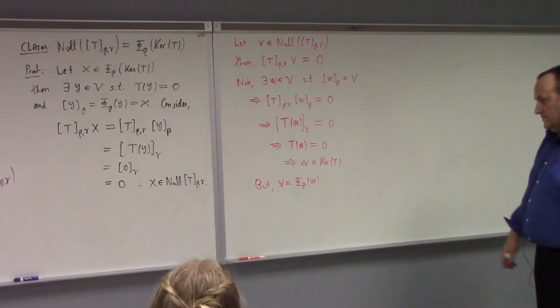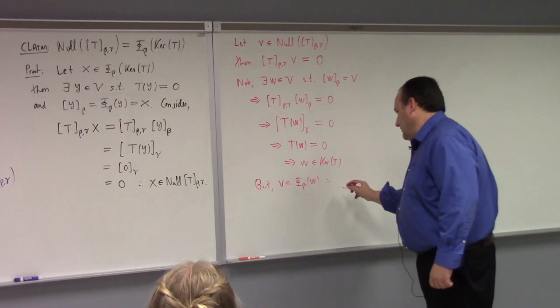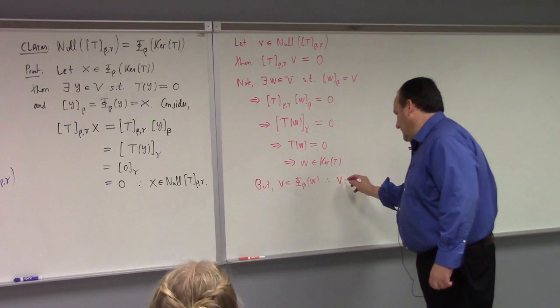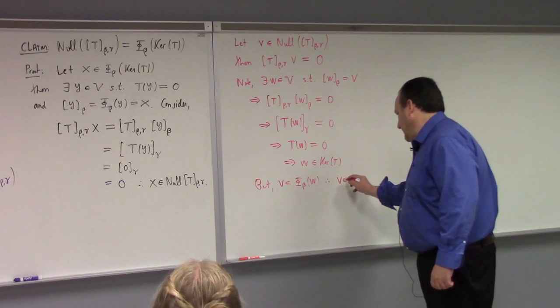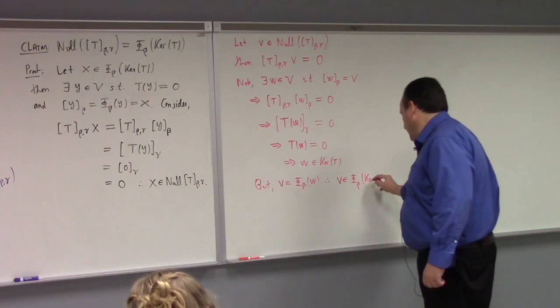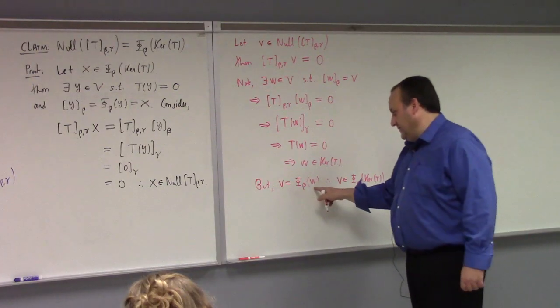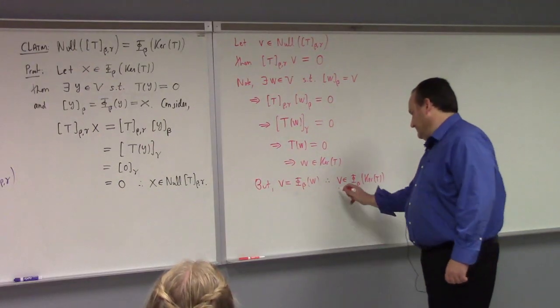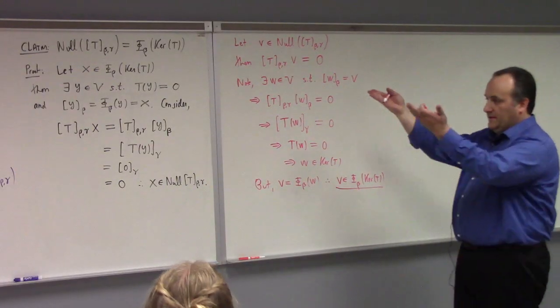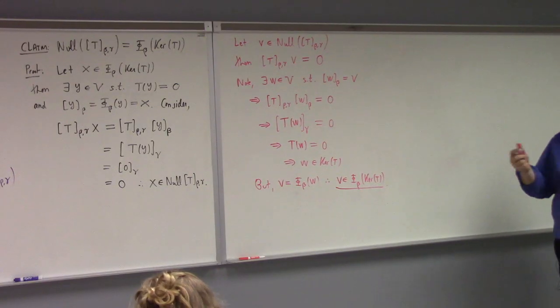And that means that V is in the image under β of the kernel of T, since it is mapped to by W. And then the claim follows because we've proved that each set is a subset of the other.